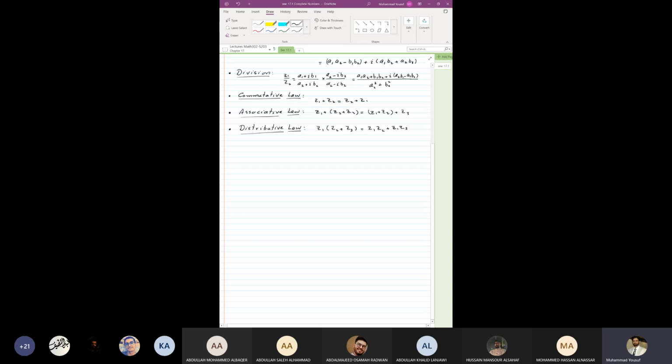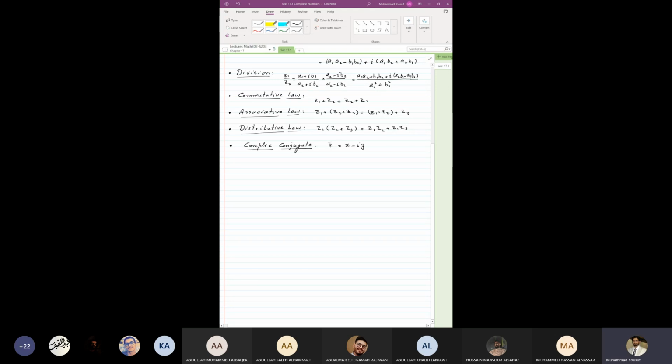And what I have used before is called the complex conjugate or simply conjugate. The complex conjugate of a complex number is denoted by Z bar, and that is equal to X minus iY.